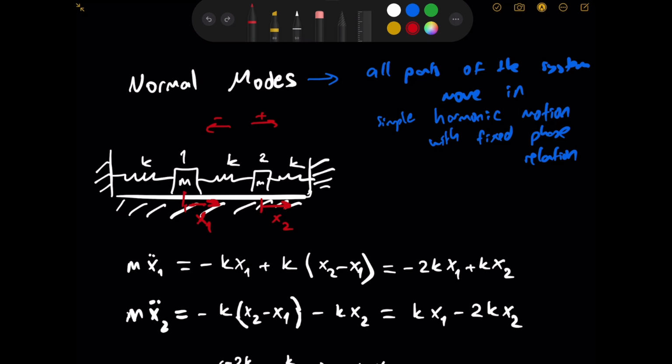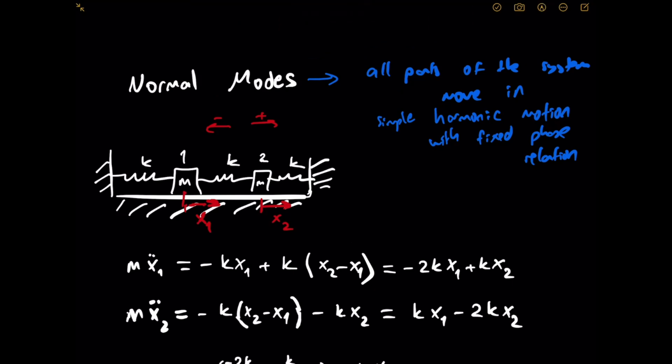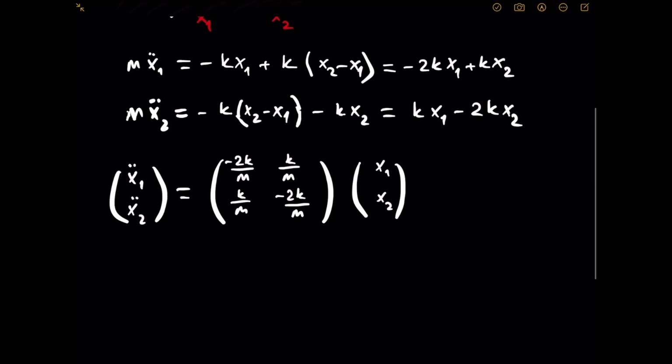I can guess harmonic motion as the solution. And I see that we have two second order differential equations. That means that to describe x1 and x2, I just need two constants, determined by the initial conditions, probably the initial speed and initial position, right?